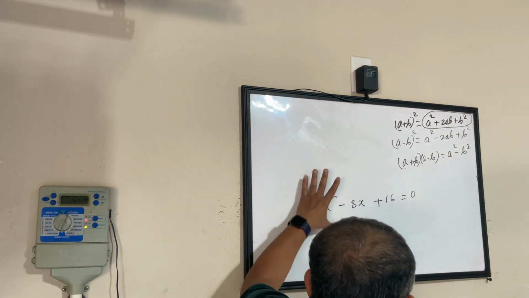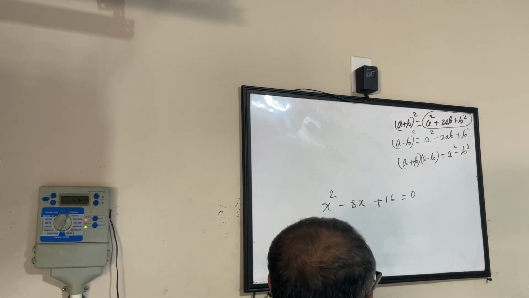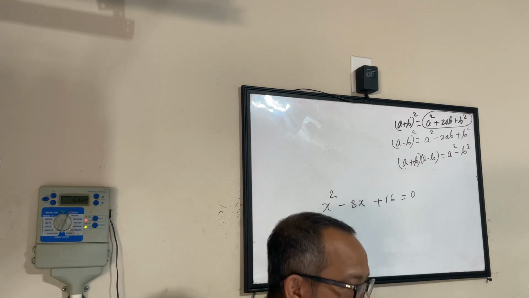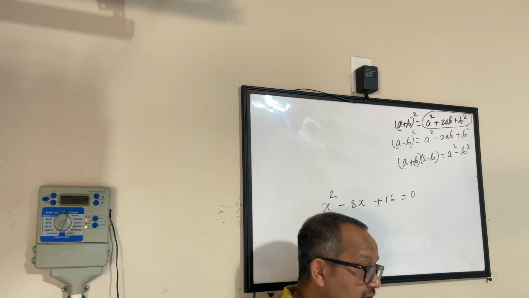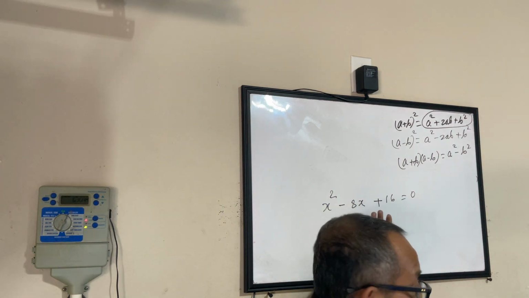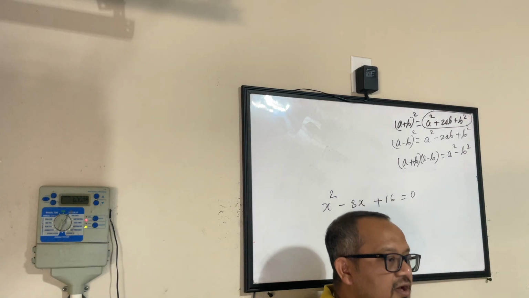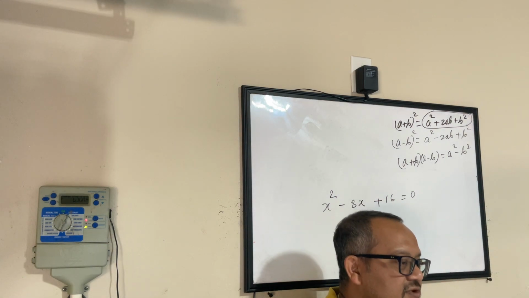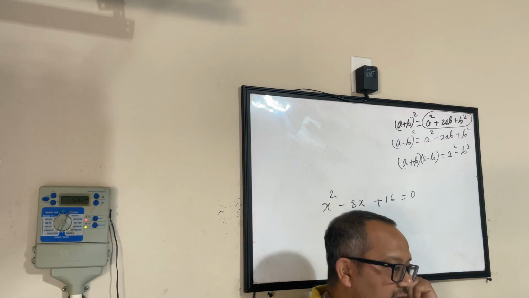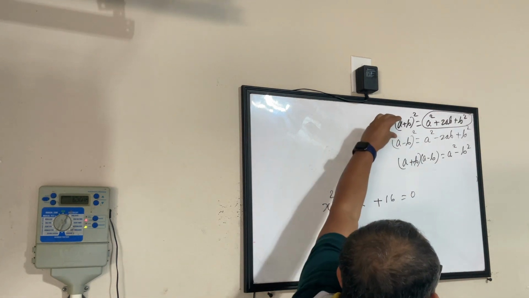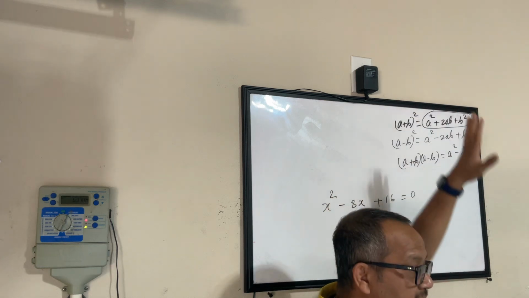I have a quadratic equation and I'm trying to solve it to get the value of x. What are the possible values of x? This is a 10th grade thing, okay? I will certainly want you guys to spend at least one more year before you get to deal with these problems, okay? But just to give you a feel, we just learned how to multiply polynomials.